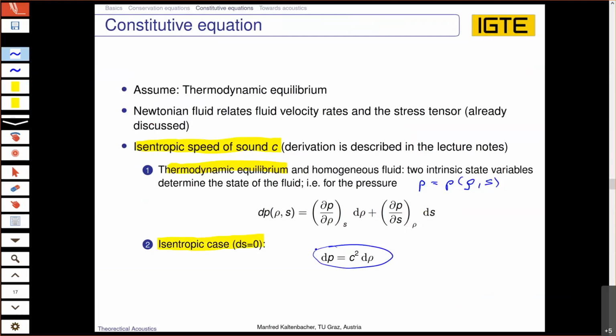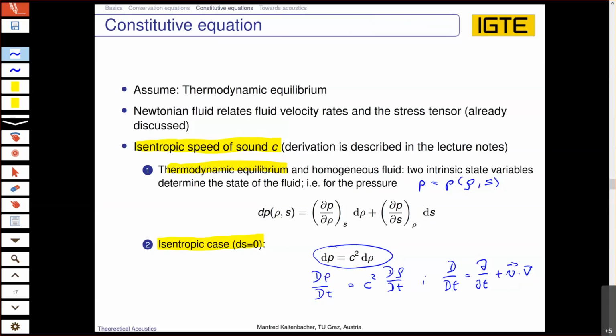We can also write this in our standard form in the Eulerian framework with the capital D, so Dp/Dt is equal to c squared D rho/Dt. And I just want to remind you that this substantial derivative is the partial derivative with respect to time plus our velocity times nabla.